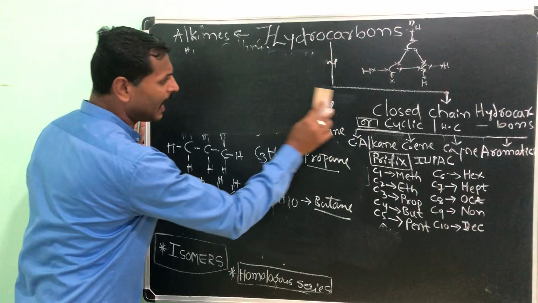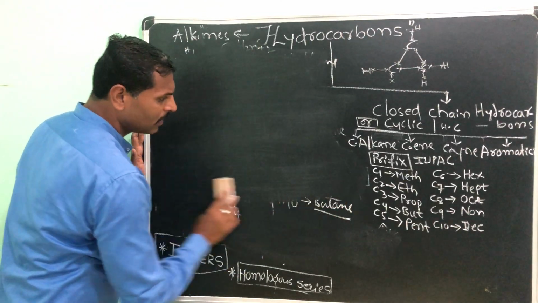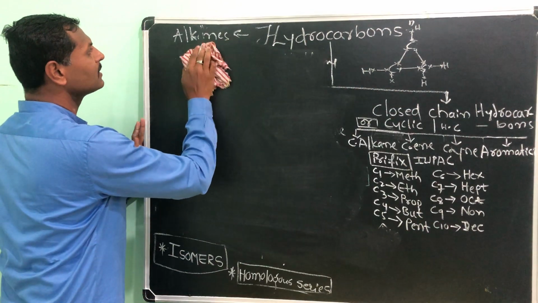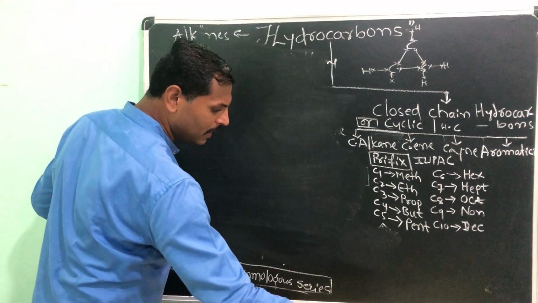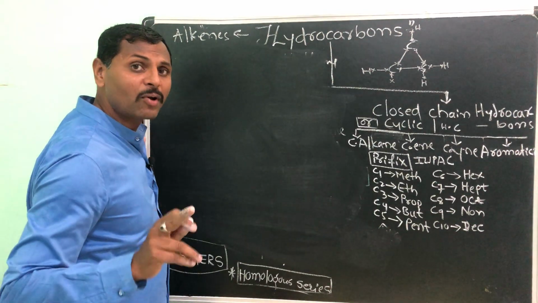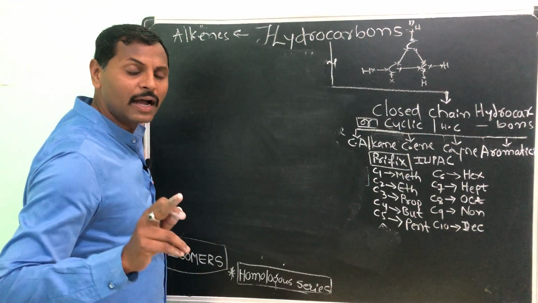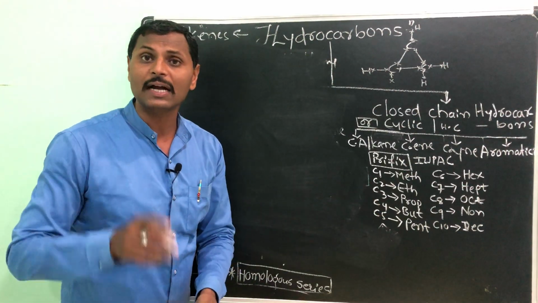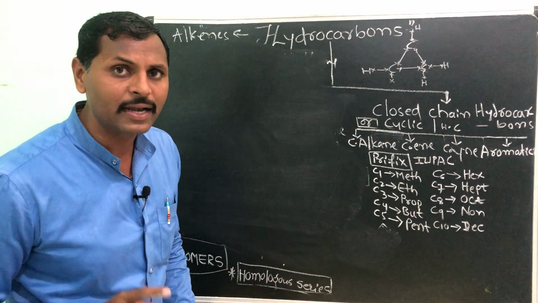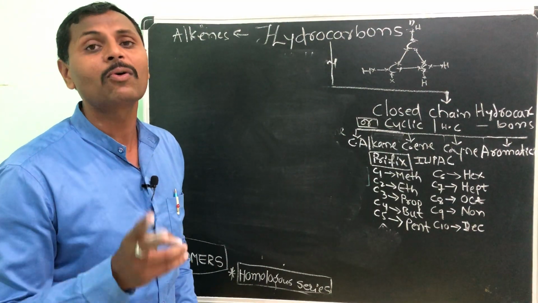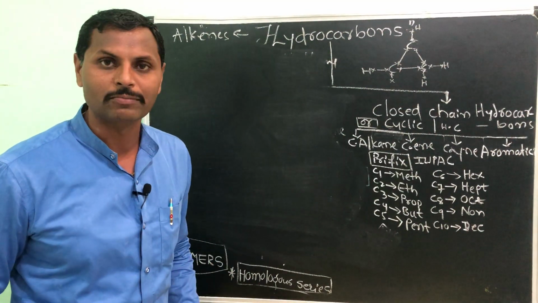See, as we just saw, these are all acyclic or open chain hydrocarbons. Just now we are discussing alkenes. The first member of alkenes always starts with eth, that means from 2 carbon atoms, because as I told you, the condition for alkenes and alkynes is that a minimum of 2 carbons has to be there, because a double bond has to be there between carbon and carbon atoms.